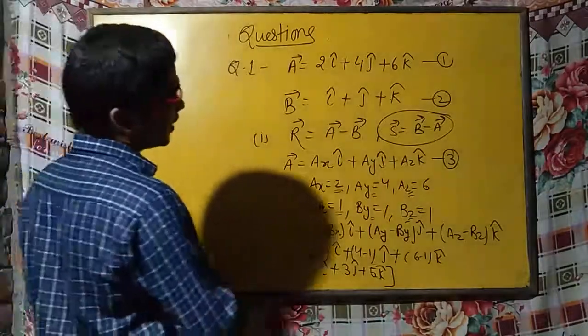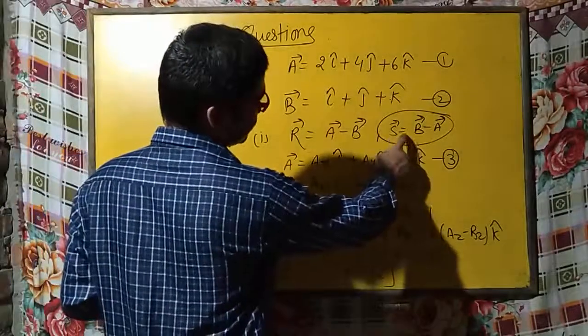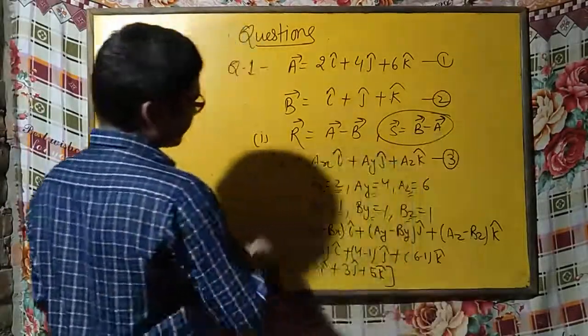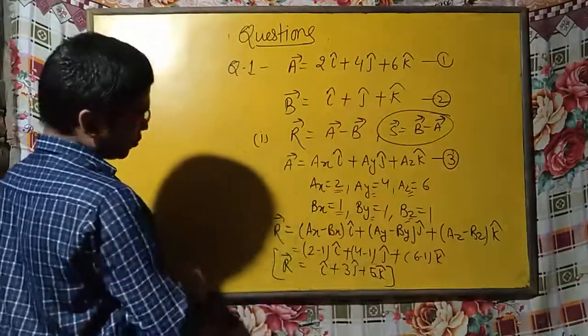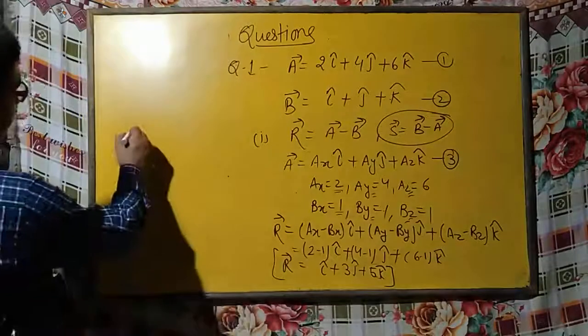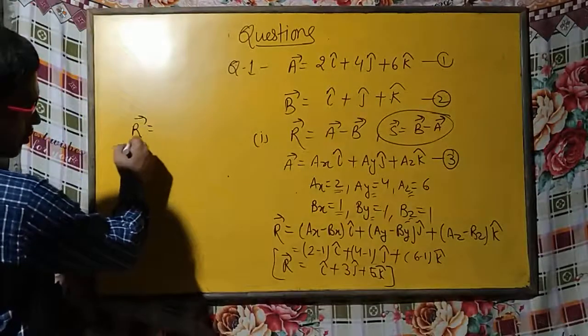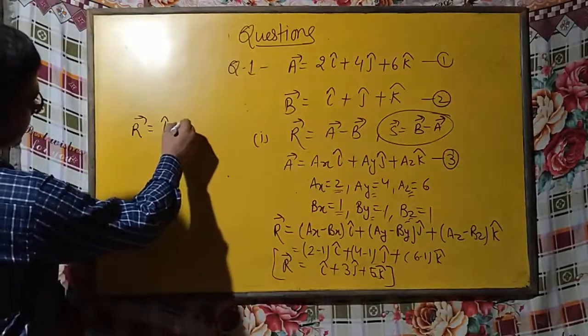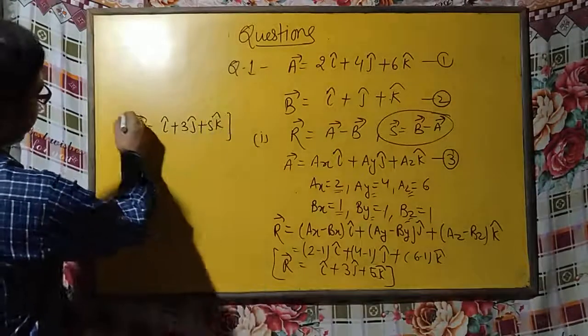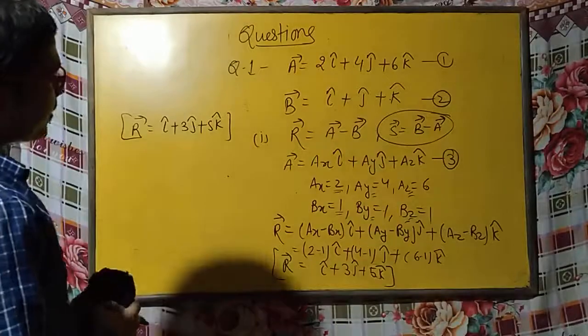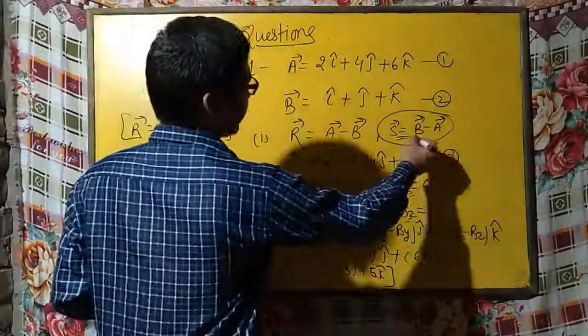So let us find the value of s, that is b minus a. We have the value of r, that is a minus b, so you can write here r is equal to i plus 3j plus 5k. We need this value finally to compare with s.